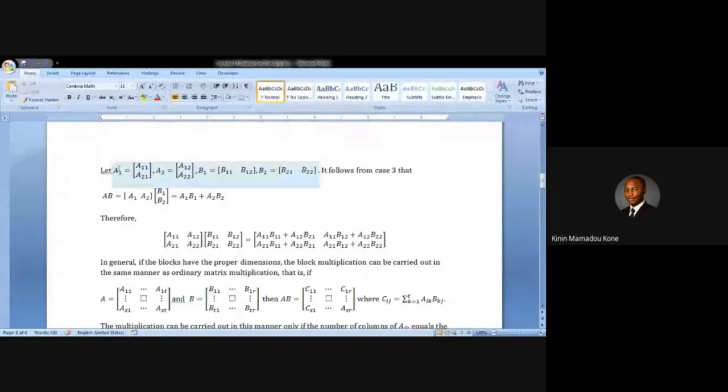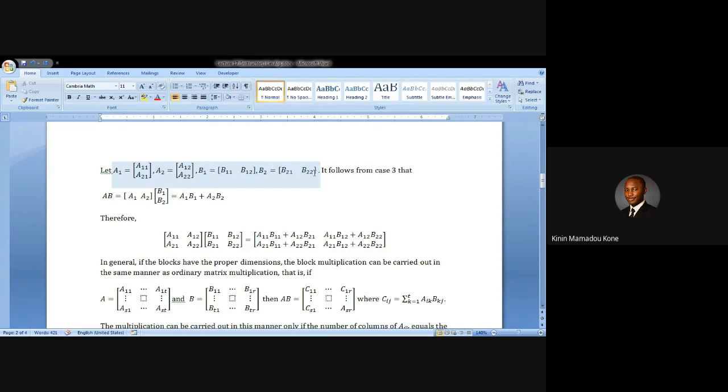A1 is your first block matrix with entries A sub 1 1 and A sub 2 1, and the second block of the matrix is A2 with entries A sub 1 2 and A sub 2 2. And you have B1 being that other matrix broken down by columns, and then you have B2 also broken down in terms of columns with these entries B sub 2 1 and B sub 2 2.